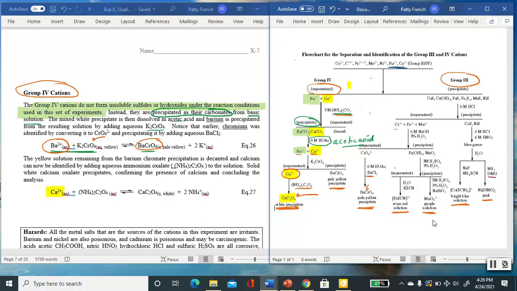Down in step 6, where you threw out the supernatant this last week, you're going to hold on to it because that supernatant from step 6 in the group 2 analysis is going to contain your group 3-4 cations. So you have to hold on to this next week. But like I said, this week you're only going to be dealing with a known that contains just group 3 and group 4. So those directions are the ones you're going to follow for this week.